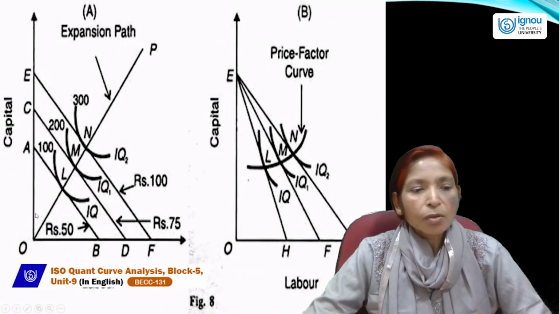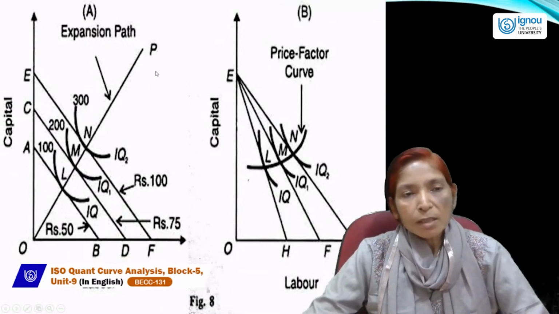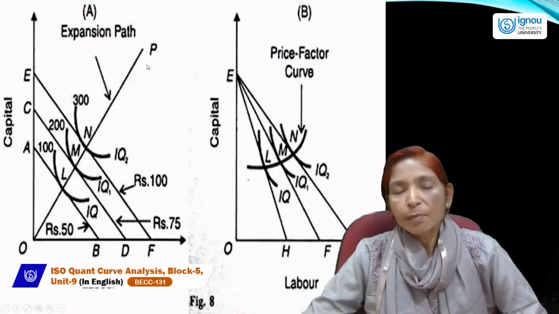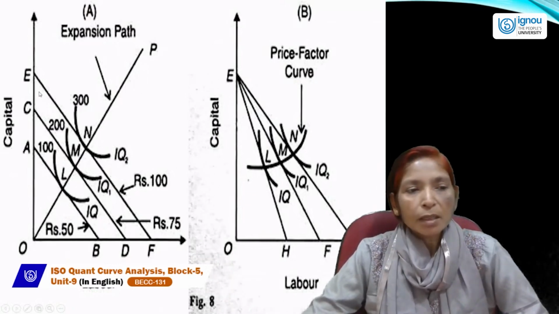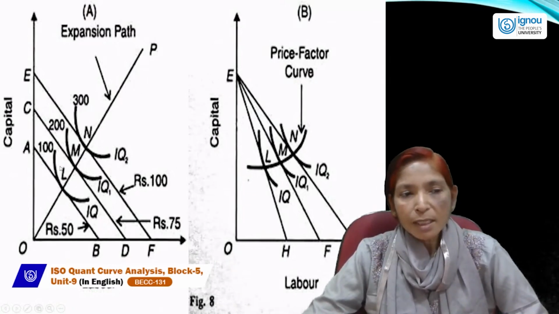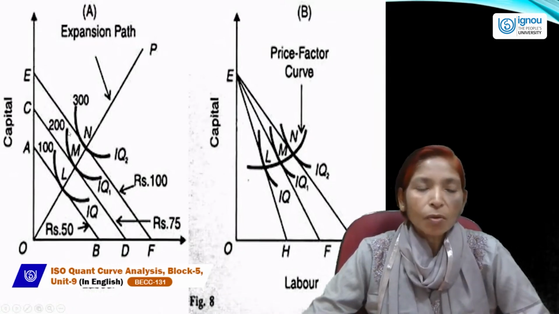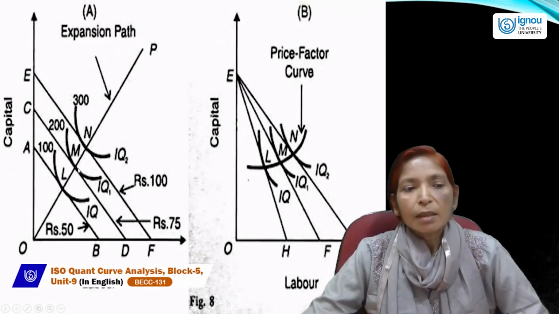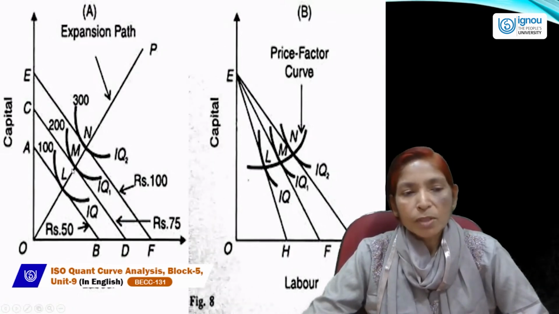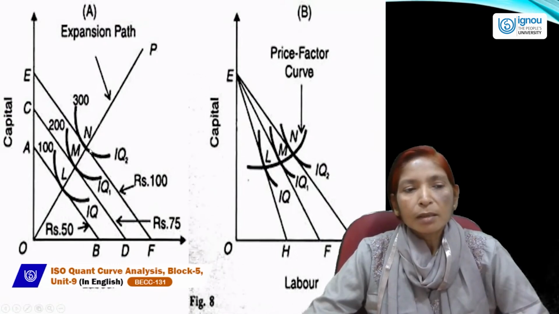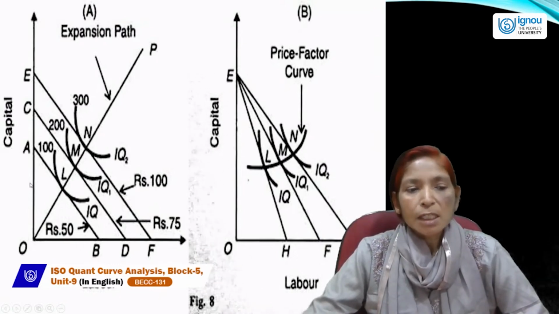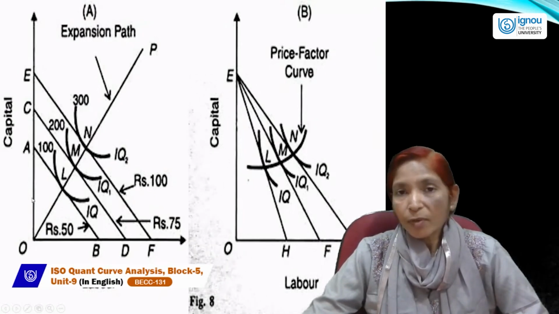So here this OP line, which is a 45-degree line, is the expansion path, and these are three isocost lines. Where the isoquant curve is tangent to these isocost lines, that is the producer equilibrium point. Here the three points L, M, N are equilibrium points, and we can get the expansion path in this way also.